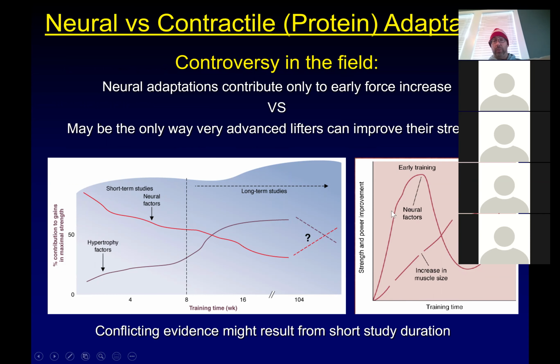Early on, you're going to get this big increase in neural factors. But then at some point, and this is another part about strength training that can be very frustrating for people, your nervous system has gotten about as good as it's ever going to be at turning on the muscles in the correct pattern for performing the lift that you're doing, right?